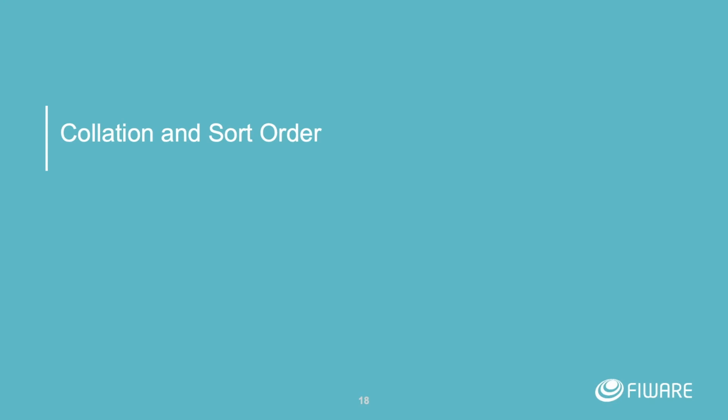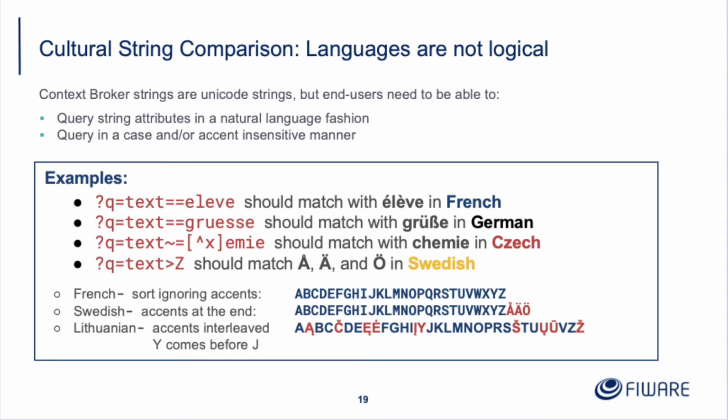Collation and sort order, same sort of issue here, with slightly different advice. Cultural strings are very, very language specific. You can see there are different examples here where you want to be able to ignore accents in French when you're trying to do sort order.